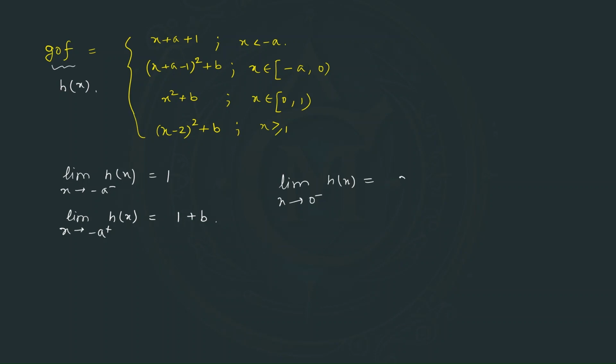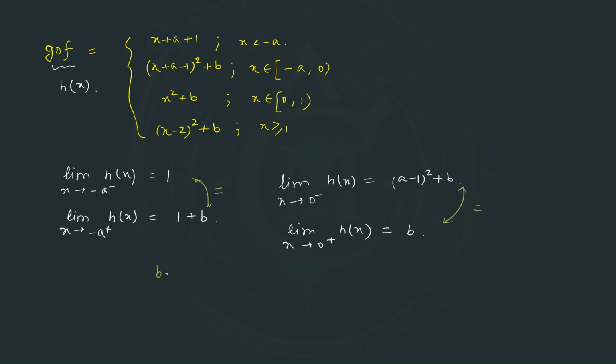That means (a minus 1) whole square plus b, and then limit x tending to 0 positive h of x, which is this definition, so b. Now for h(x) or g of f(x) to be continuous, these two must be equal, and these two must be equal.